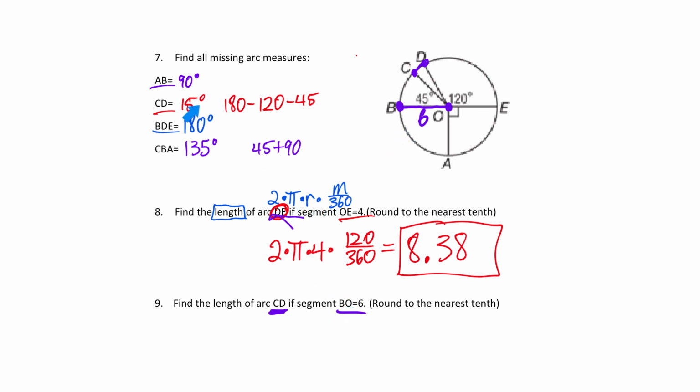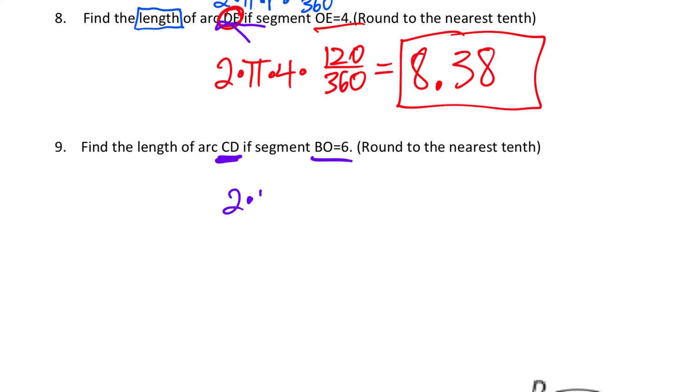Now the M, we actually found CD. We found that way up over here. We found that CD was 15 degrees. So there's going to be a 15 for M. 6 for R, 15 for M. So it's going to be 2 times pi times 6 times 15 over 360. 6.28.